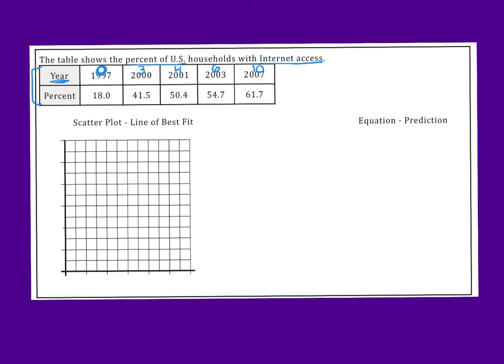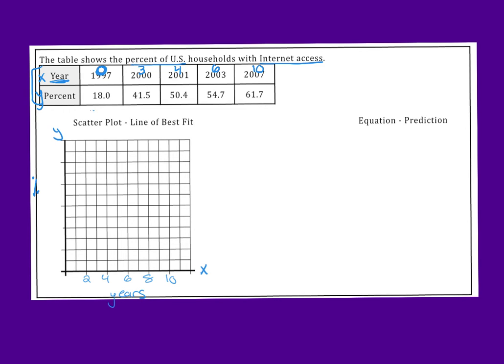So when we go to label our graph, I've got X and Y. X-axis represents years. And I need to go 0 to 10. So 1, 2, 3, 4, 6, 8, 10. All right, and then Y-axis, this is going to be percentage.